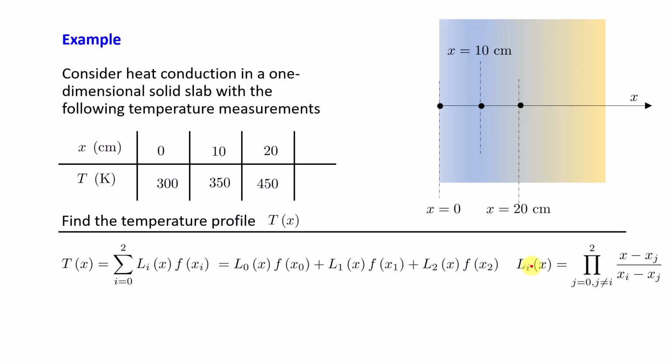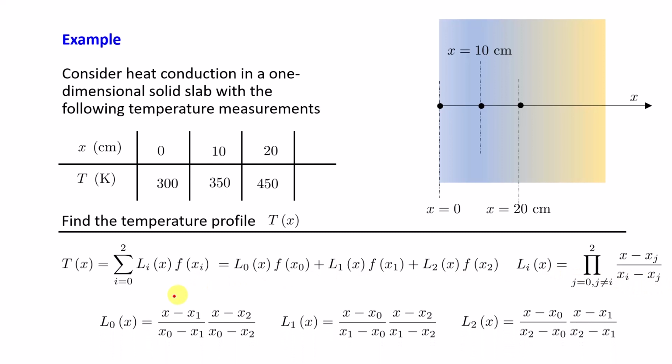And we know that Lagrange's polynomial, this Li(x), is the product over j equals 0 to 2, j not equal to i, of (x minus xj) divided by (xi minus xj), which gives us these 3 polynomials L0, L1 and L2.